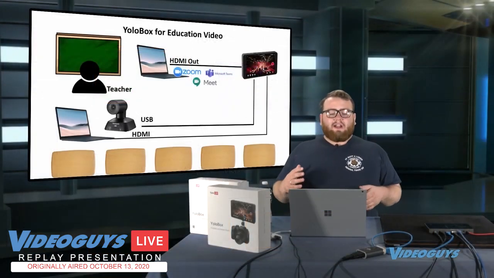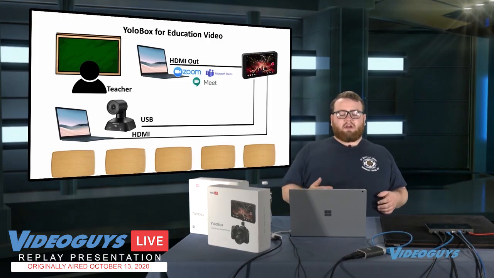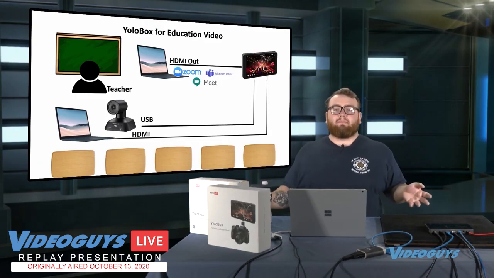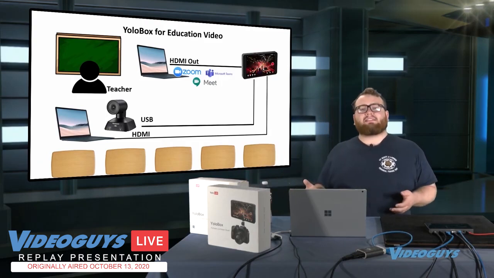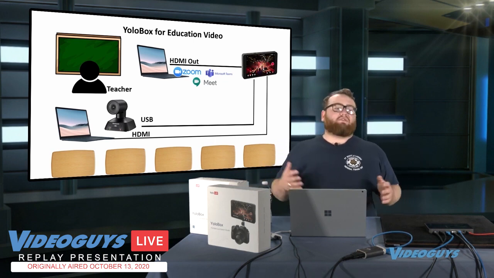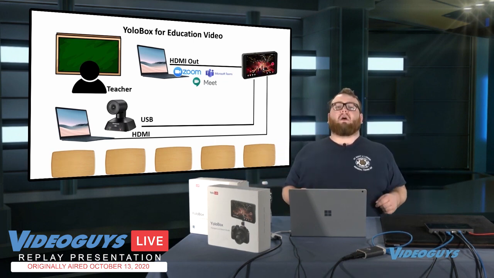So we started in our diagram here. You have a teacher who has a USB either webcam or PTZ camera. That's going to depend entirely on your budget. We've selected the Panasonic UE4, but any USB webcam ranging from any price will be great with the YoloBox.